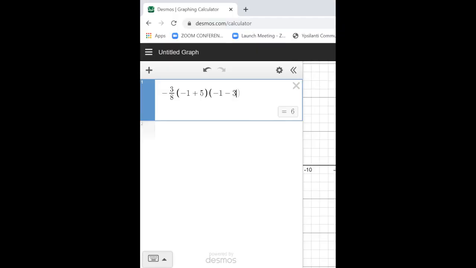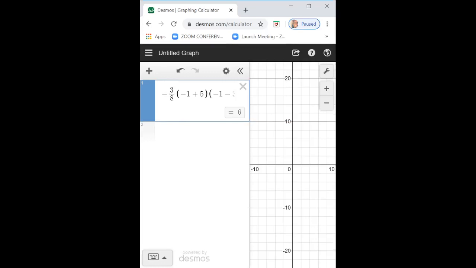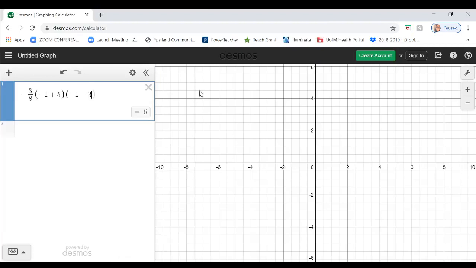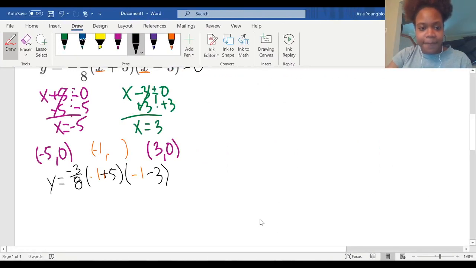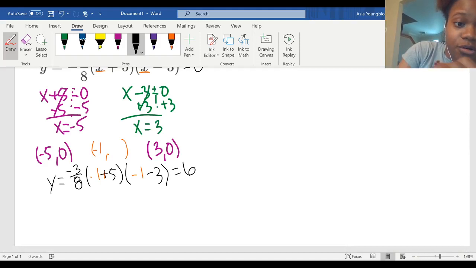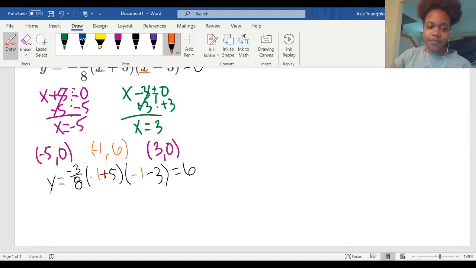So when we type that in, I just want to take a moment to verify I typed it in correctly. Yes. When we type that in, the y value gets us 6. So our y value is going to equal 6. So our point is going to be -1, +6.